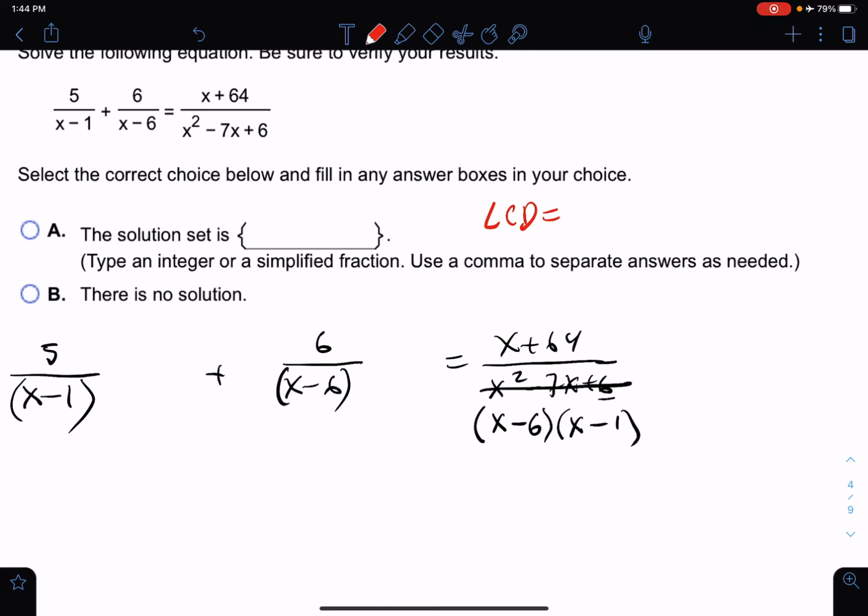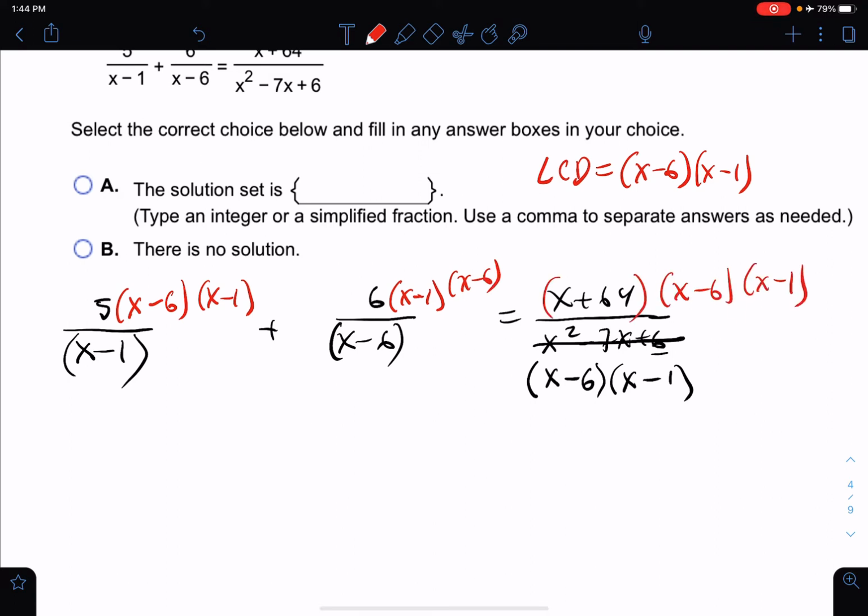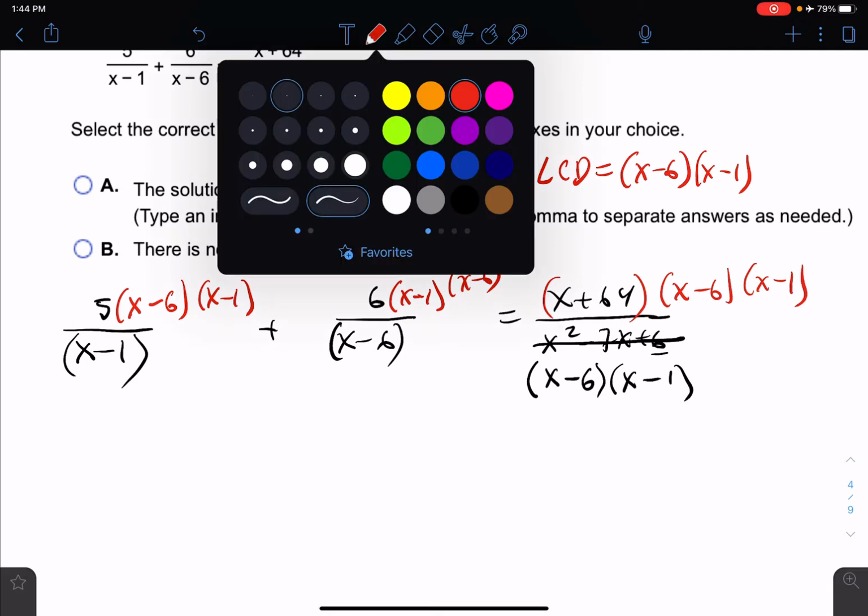LCD is x minus 6 times the quantity x minus 1. We're going to multiply both sides by that LCD, x minus 6 times x minus 1. And the great part is reducing.